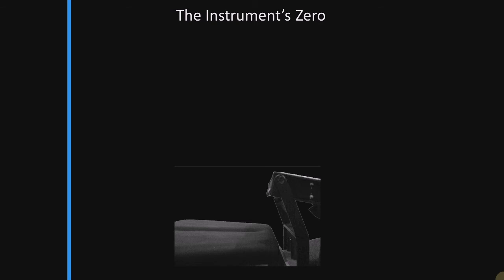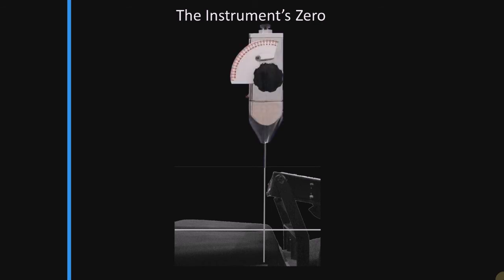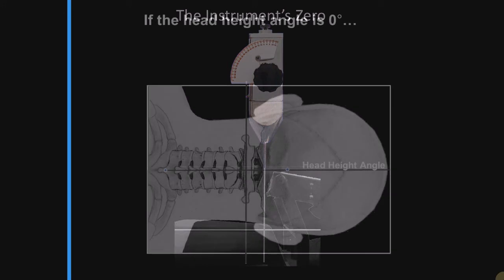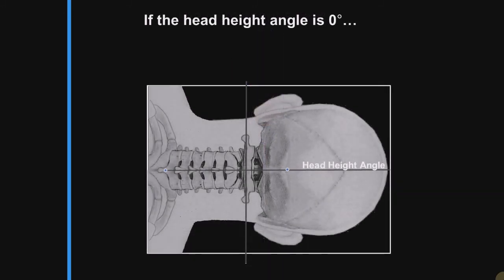Well, the instrument will set its 0 setting at 90 degrees to the table, or straight vertical up and down. If the patient's side-lying position had their cervical spine lying parallel to the table, then the instrument's 0 would also set accurately to the patient.